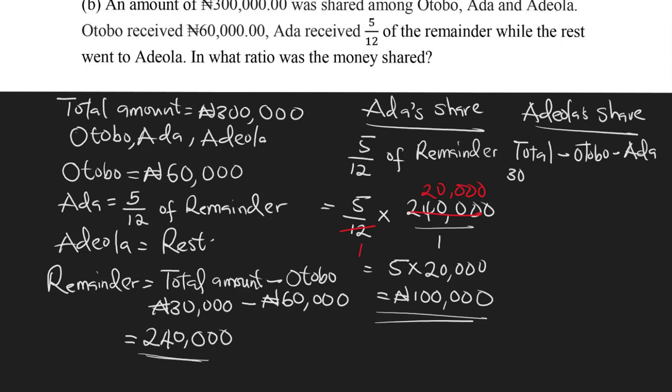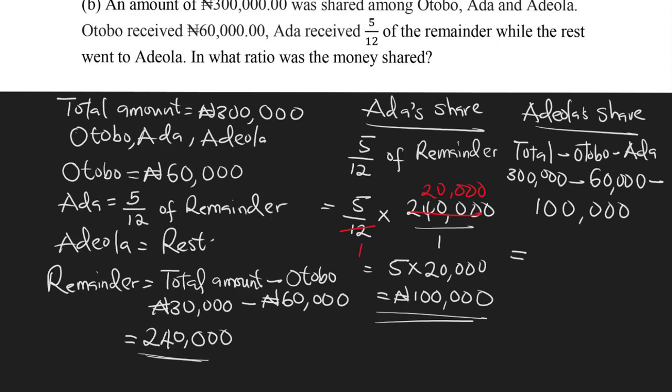So we have 300,000. And what is Otobo's share? Otobo's share, remember we said it was 60,000. So minus 60,000, then minus Ada's share, which we've calculated to be 100,000 naira. So minus 100,000.